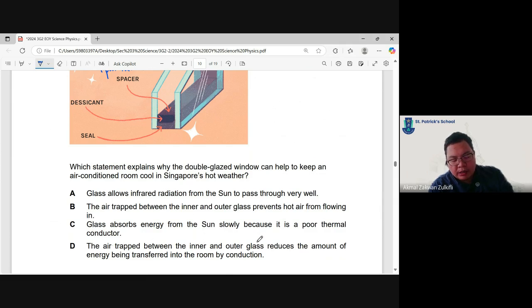The air trapped between the inner and outer glass reduces the amount of energy transferred by conduction, right? The other option says it prevents hot air from flowing in, so we know it is not that one. Why do you need to talk about the flow of hot air going in? You have a window, so the air is not going to come in, right? It's just putting one lid there to prevent the air from coming in.